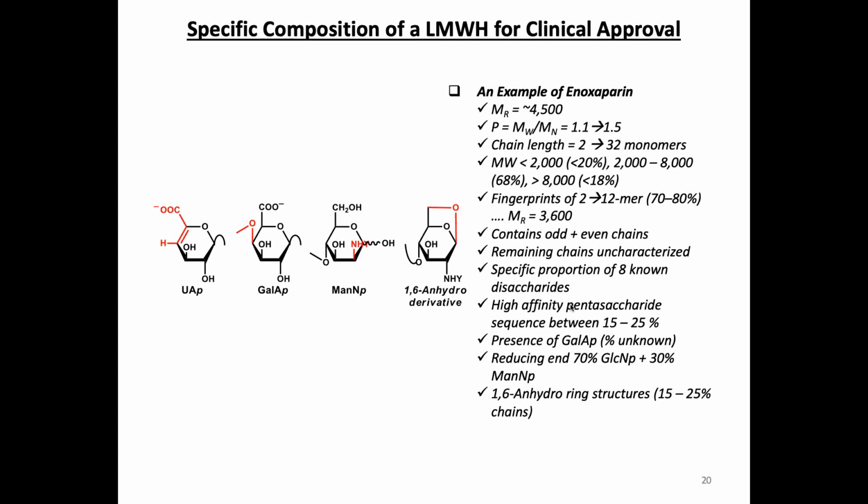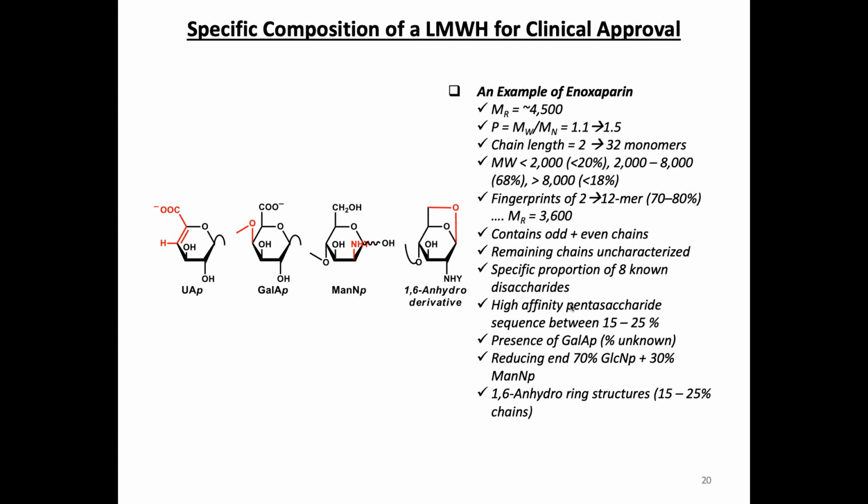They identified a specific proportion of 8 known disaccharides, X proportion of each of those 9 disaccharides. The high affinity pentasaccharide sequence is now reduced from 1/3 to approximately 1/4. So you've actually gone down. You have eliminated few high affinity pentasaccharide structures.